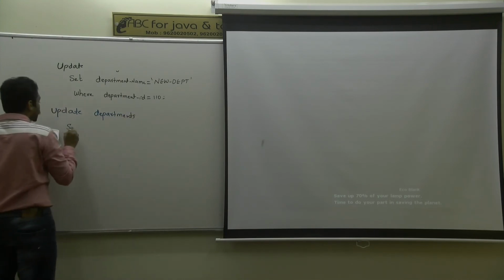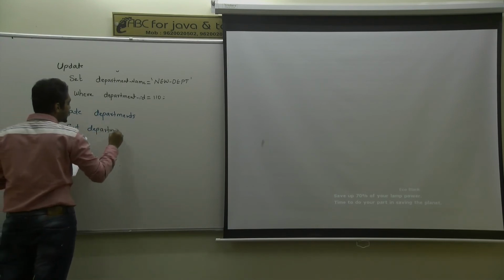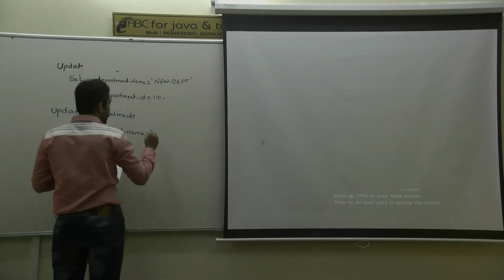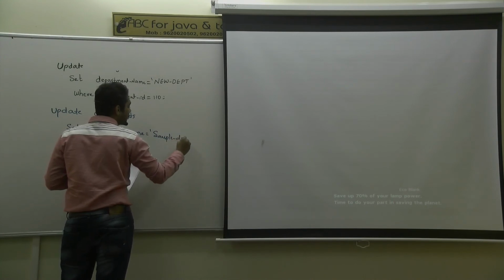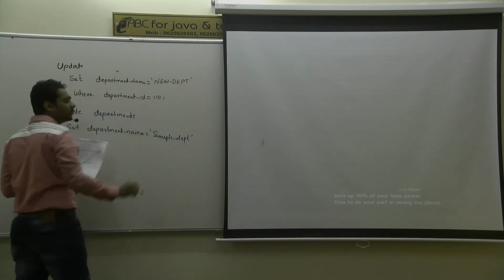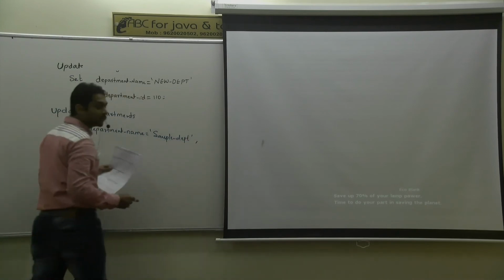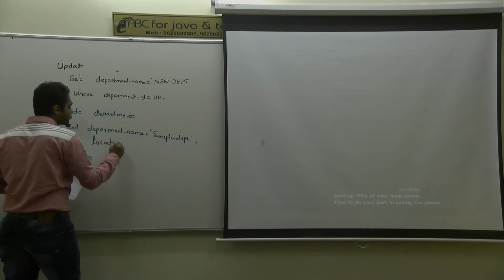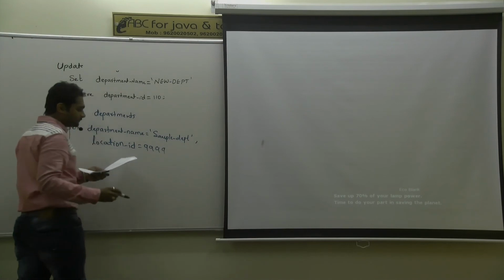What I have to do? I have to set department name to sample department. I have to set this new data to the old data. Not only that, comma, location ID also I want to set to 9999.